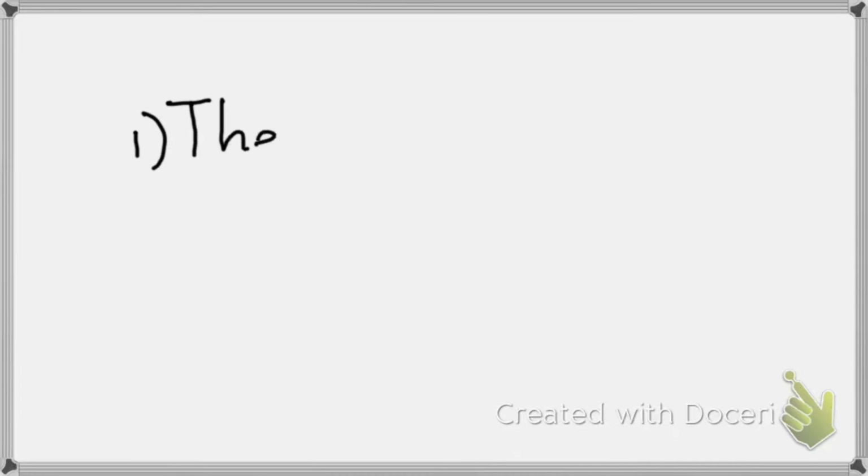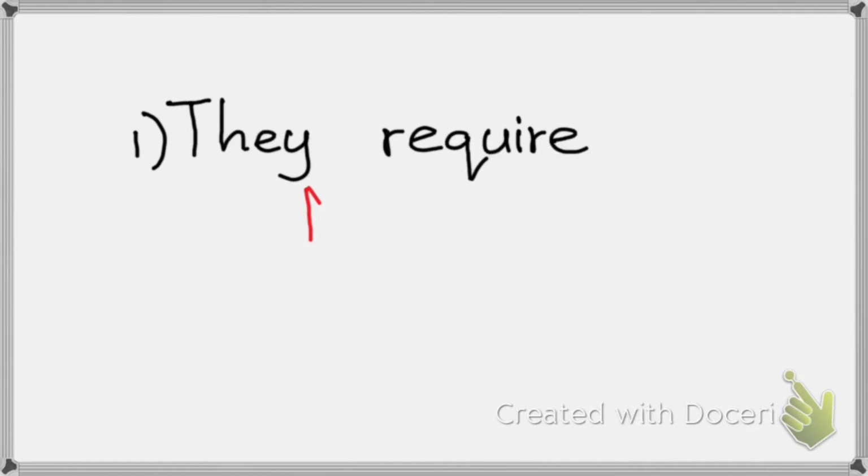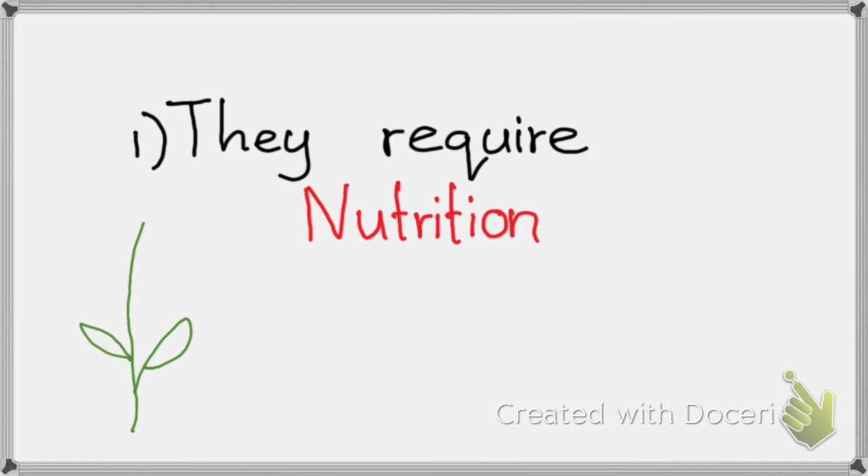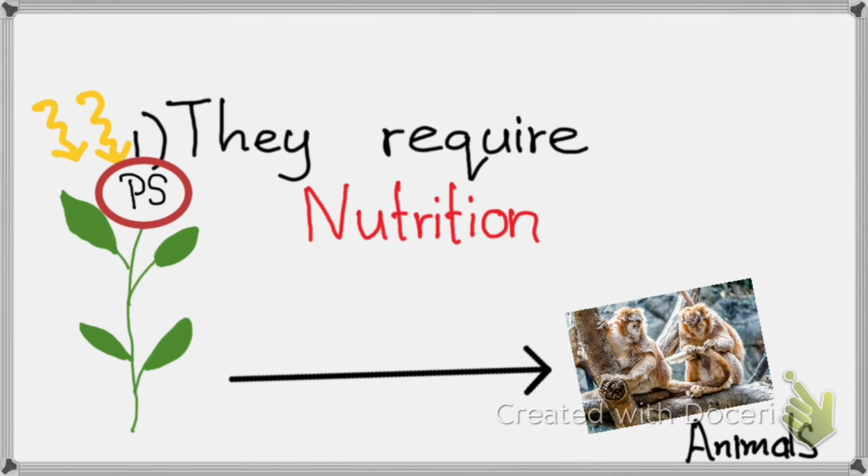As the first one, we can take that they require nutrition. All living organisms need nutrition, that is, they need nutrients for the body functions. If we take plants, they have their own way of getting nutrition. They make their own food. They fix carbon dioxide using solar energy.